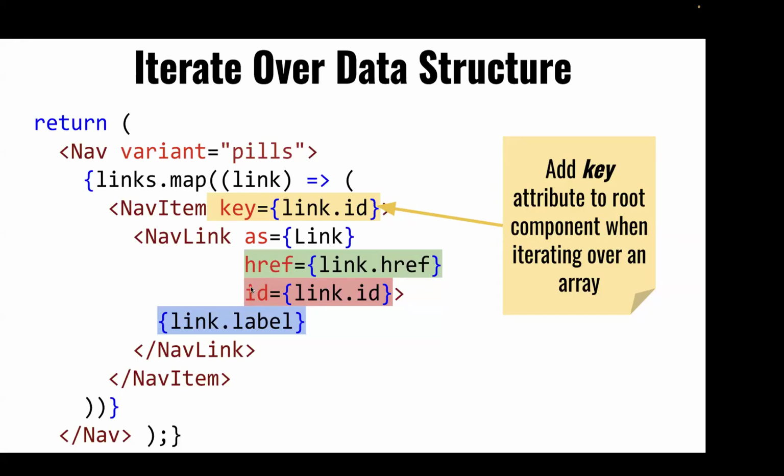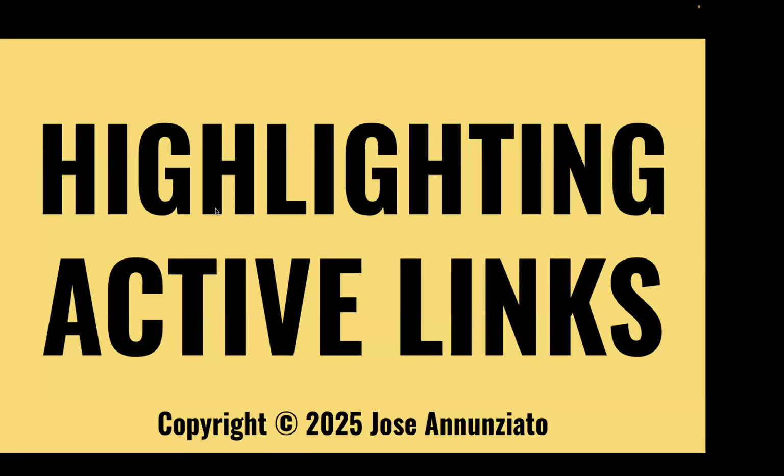ID is what HTML uses to uniquely identify node elements in the HTML and the DOM. Key is more for React. React keeps track of the data structure that is being created in a virtual DOM, and so to keep track of its uniqueness, you have to provide a key that is a unique value. So here we're using the ID, which we're guaranteeing to be unique. And so that's the use of that key. Okay.